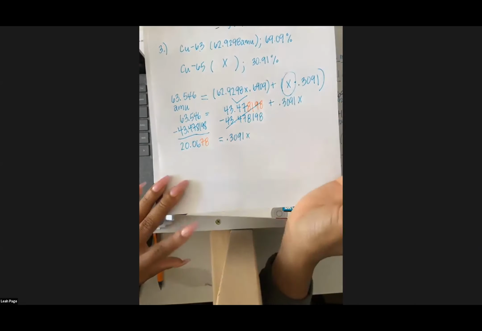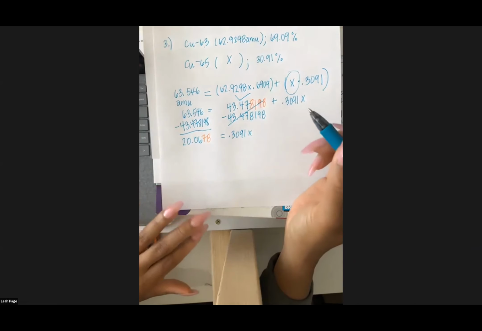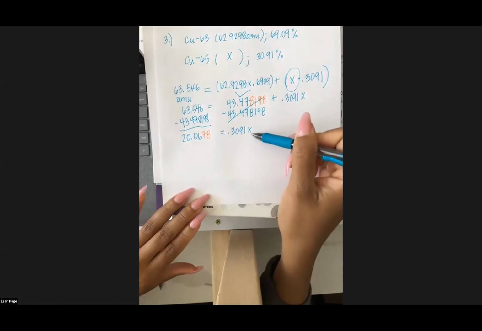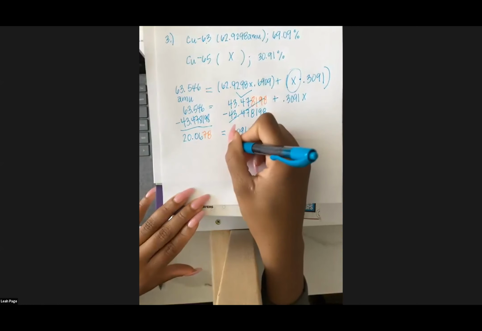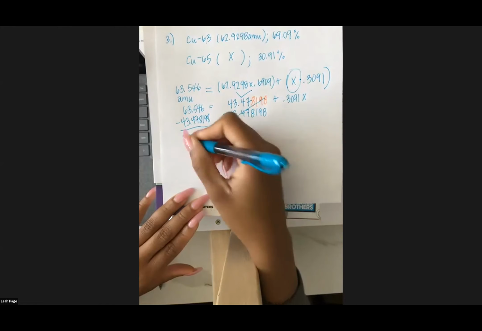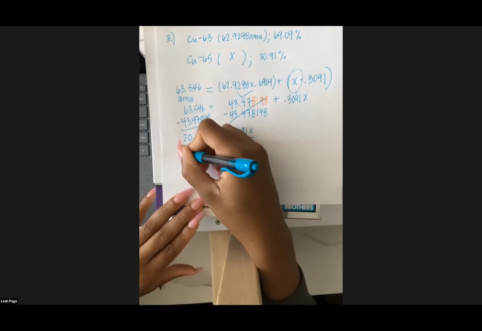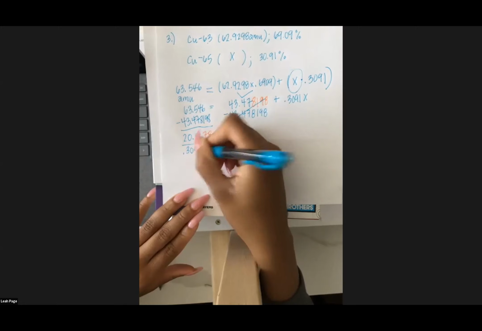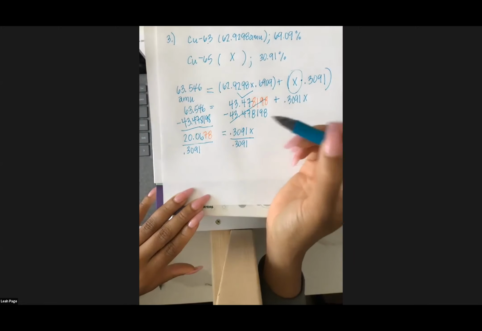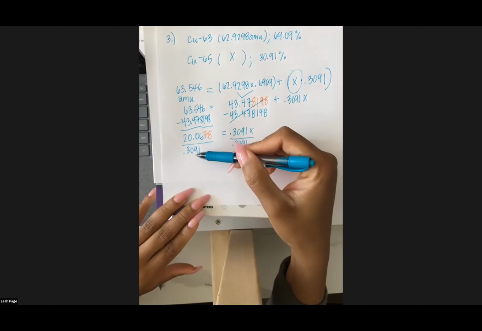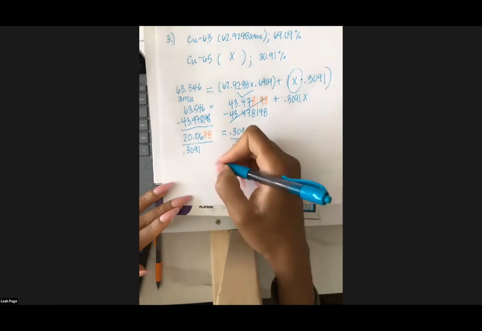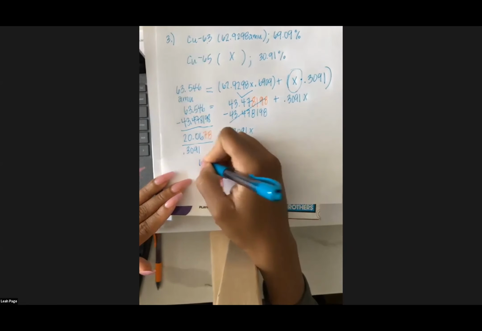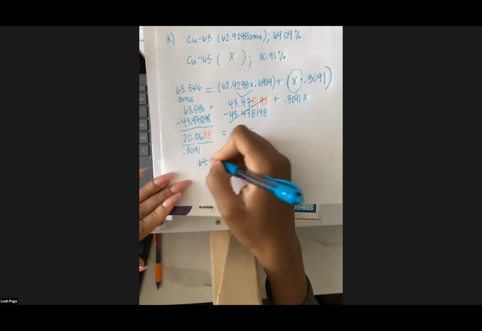And then this should be equal to 0.3091x. And if I solve for x, that means I need to do the opposite of what's happening to x, which is being multiplied. So I need to divide both sides by 0.3091. And I end up getting 4 sig figs divided by 4 sig figs, 64.92.